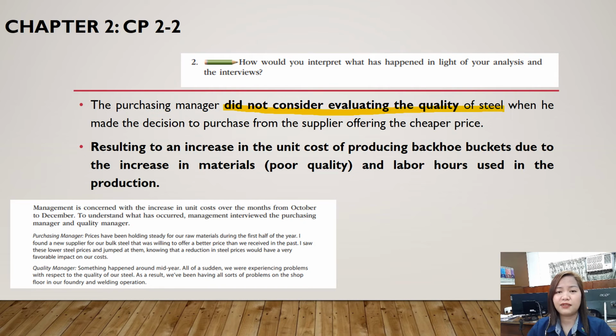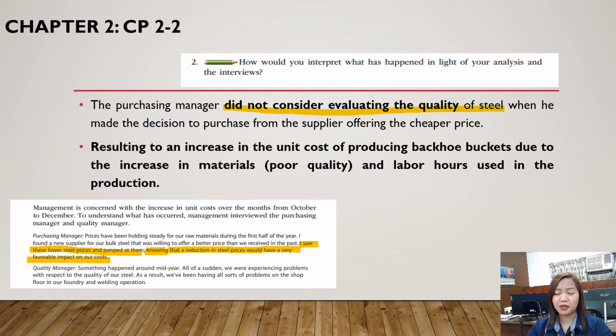He did not even consult the quality manager. According to the purchasing manager, I saw these lower steel prices and jumped at them, knowing that a reduction in steel prices would have a very favorable impact on our costs.